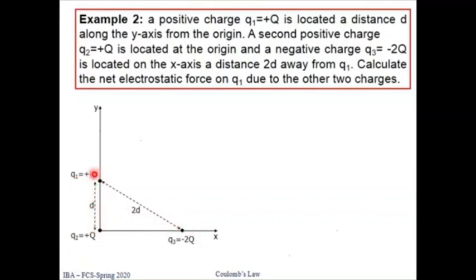If you look here, this is a positive charge, and Q2 is also a positive charge. Because like charges repel each other, the force from Q2 on Q1 would be repulsive.